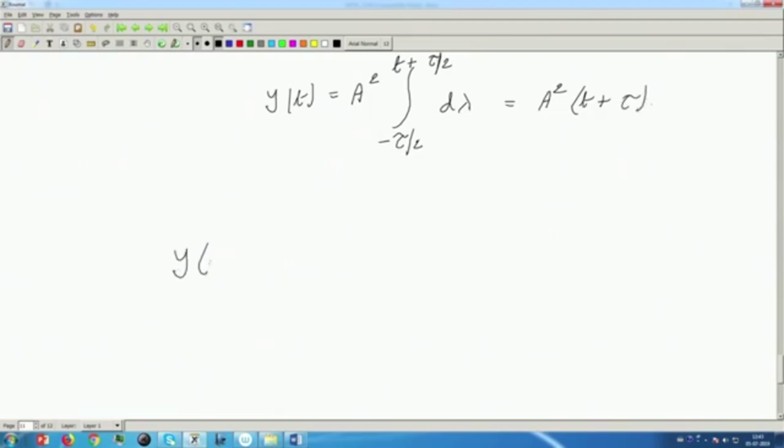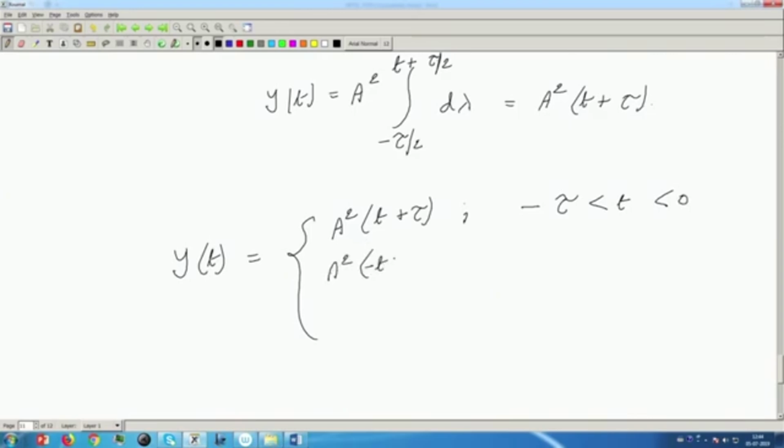So, putting all those together, y(t) is s squared (t plus tau) for minus tau less than t less than 0, s squared (minus t plus tau) for 0 less than t less than tau, and 0 otherwise or elsewhere.